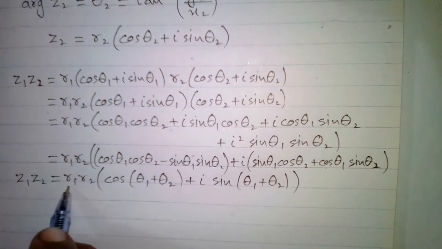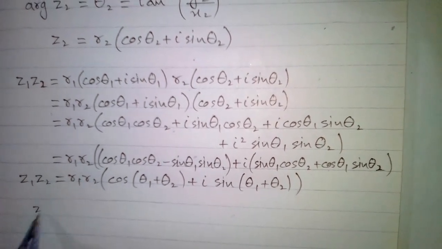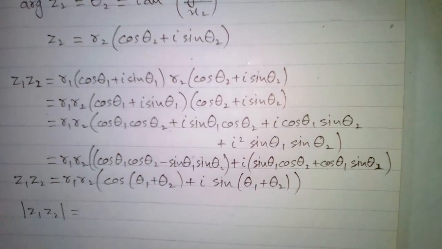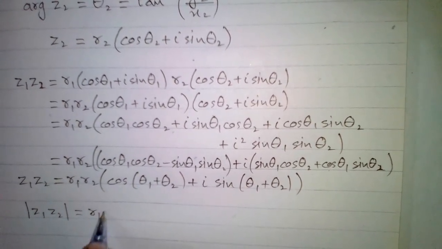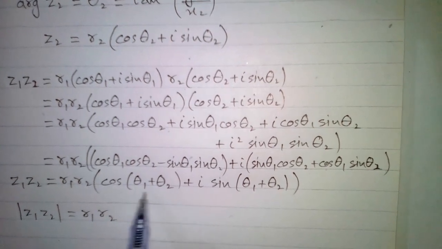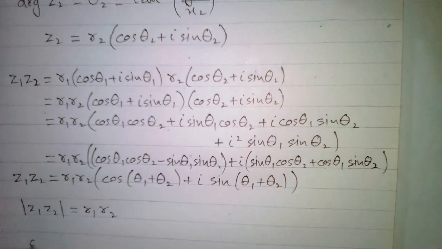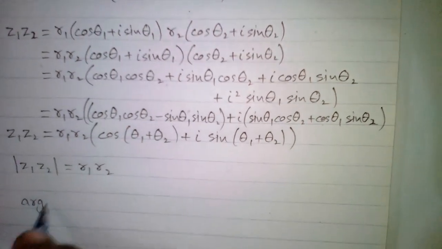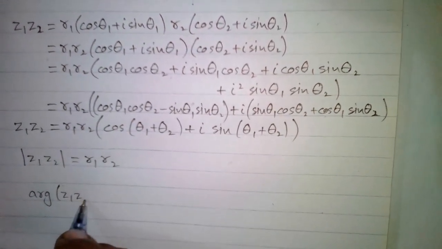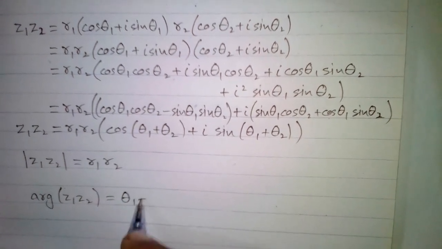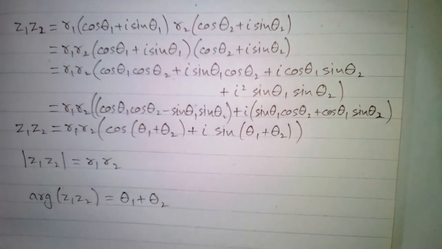So we can see that this is the modulus of z1 z2. So the modulus of the product of complex numbers is r1 r2, and this is the argument or angle of the product. So argument of z1 z2 is equal to theta 1 plus theta 2.